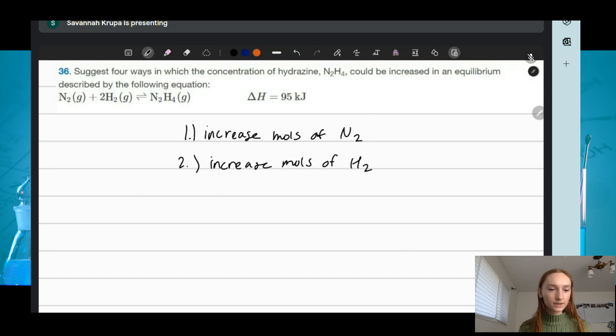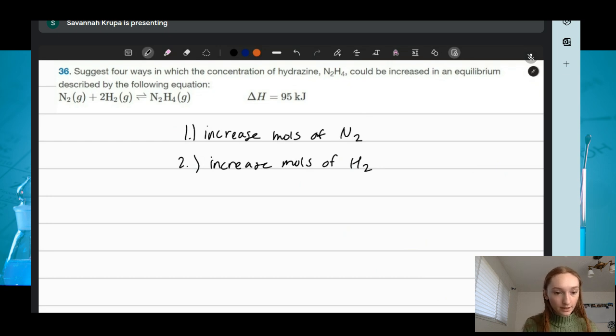When you increase the reactants on the left side here, you will increase production because you'll have more of basically your recipe, and because you have more of your recipe, it'll want to be used up more. So it will want to make more of the product, the hydrazine.